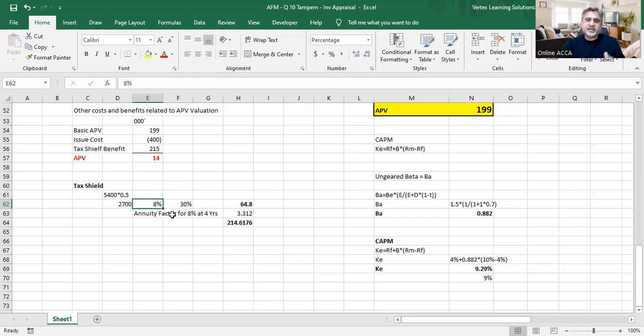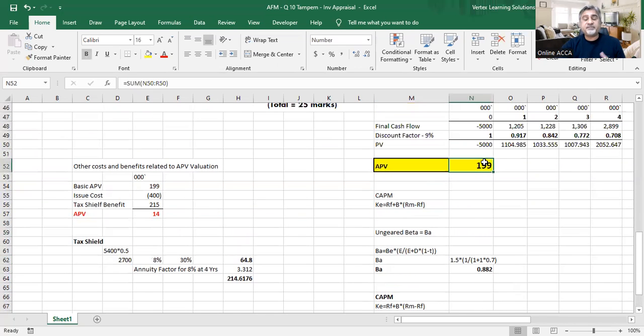So we ungeared it and we said, okay, let's start from the beginning. Think like if we do the project ourselves, what is the value? And then if we take some further debt, maybe we don't take debt. If you don't take debt, you just don't have issue cost. And then you have got tax shield benefit there. So this is your final APV value of 14,000.